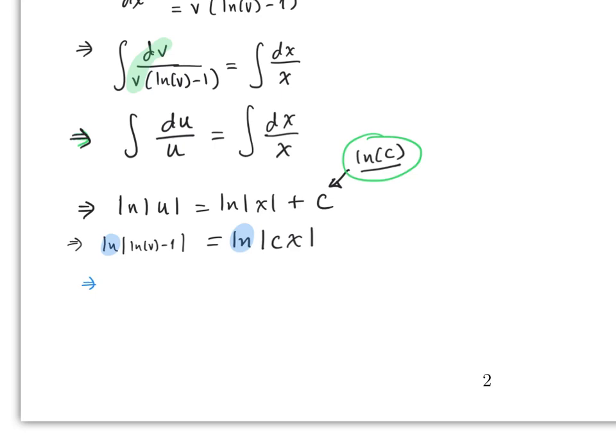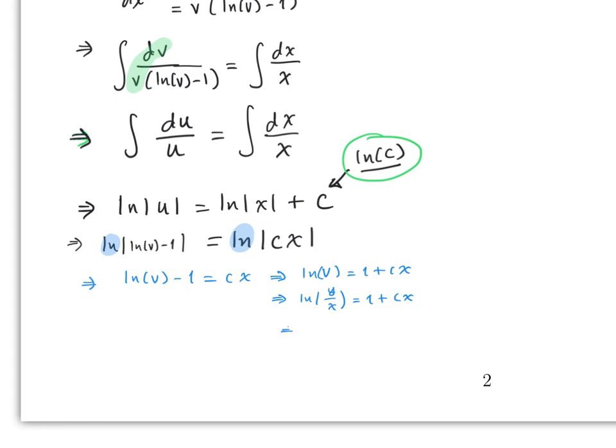So you will end up with just ln v minus 1, and the other side will be the constant times x. So therefore from here we have ln of v equals 1 plus cx, or ln of y over x equals 1 plus cx.